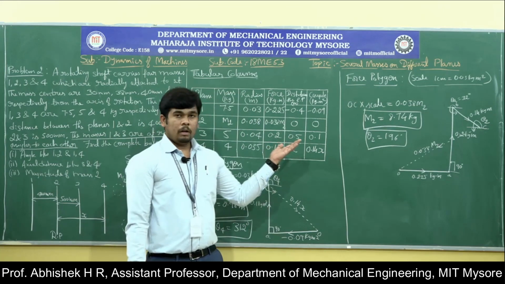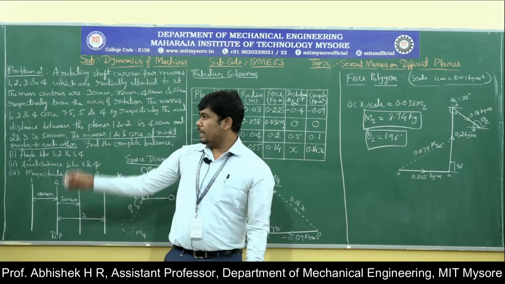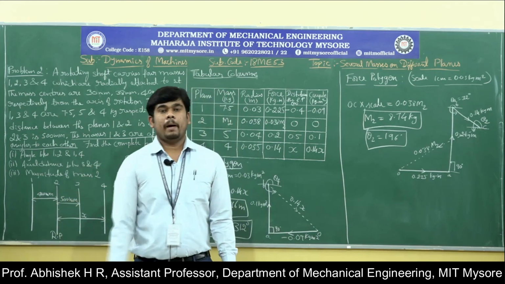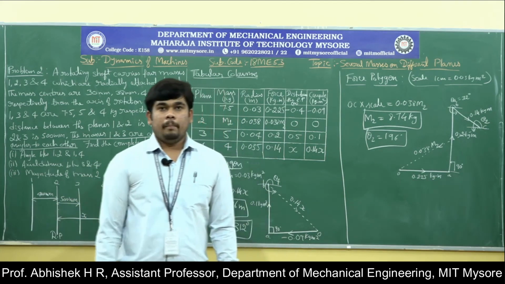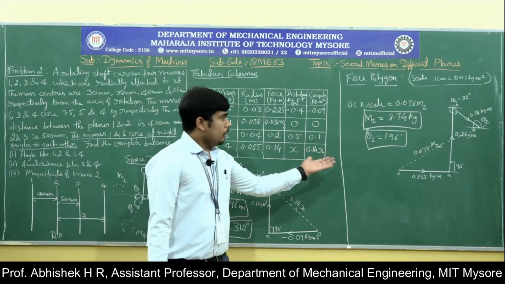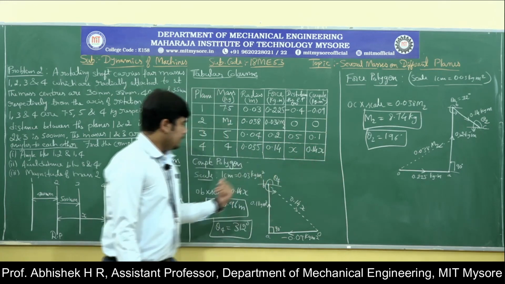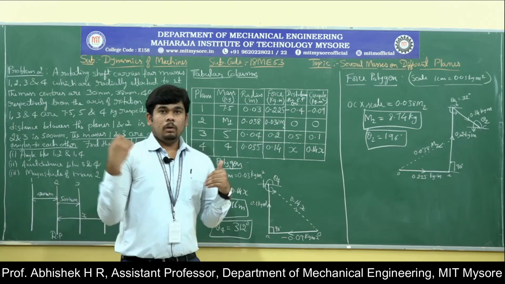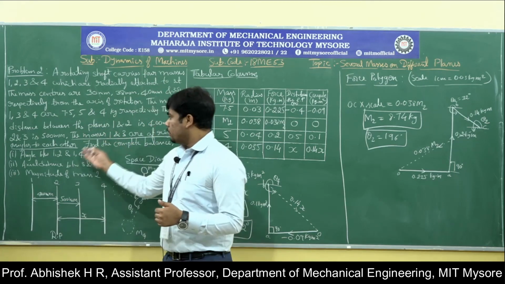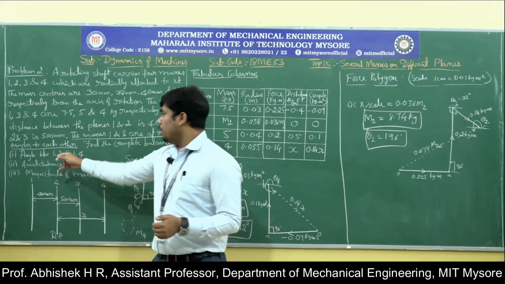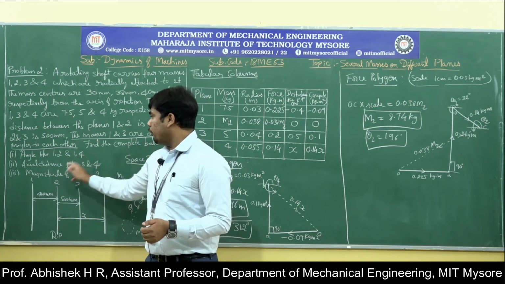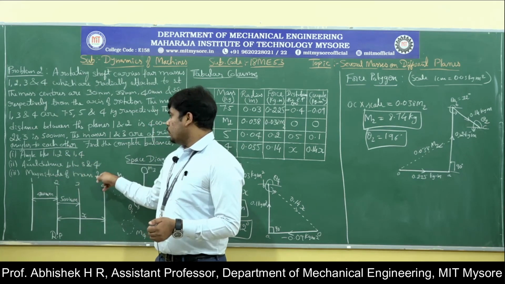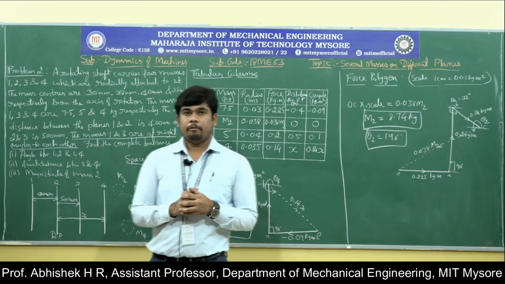Now we got all the values as per the required parameters in the given problem. So this is the force polygon and this is the couple polygon. As per the problem, angle between 192 and 194, magnitude of mass 2, and the axial distance between 3 and 4.